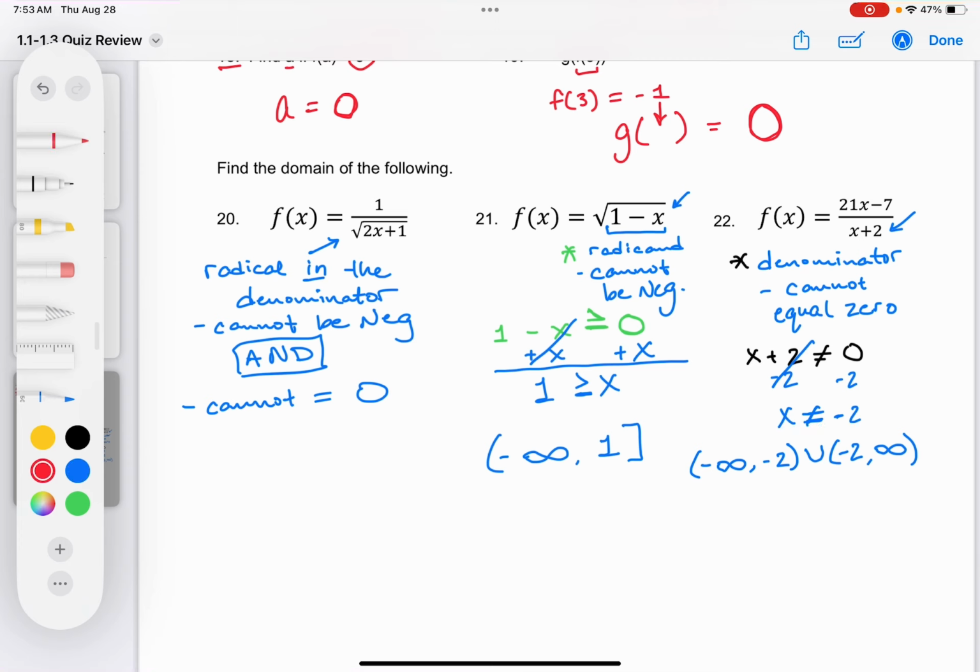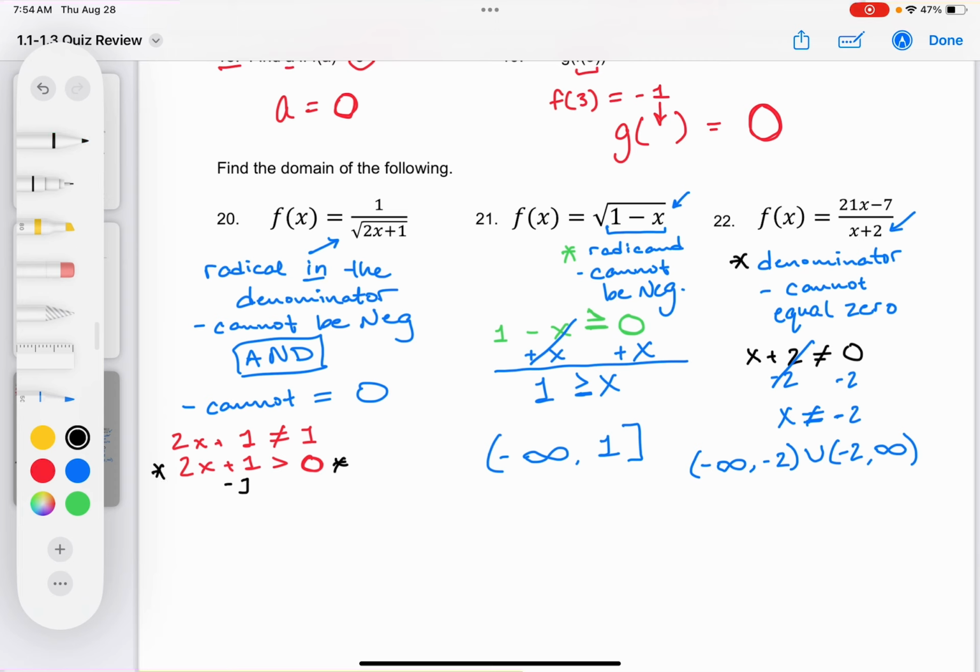Last one, question 20, we have to follow both rules. So we're going to say 2x plus 1 has to be greater than or equal to 0, but then we're saying it can't actually be 0. So if we're following that first rule, it would look like this. And then we're saying, actually, no, it also can't equal 0. So what we need to do is actually remove the or equal to, and now we're ready to solve this.